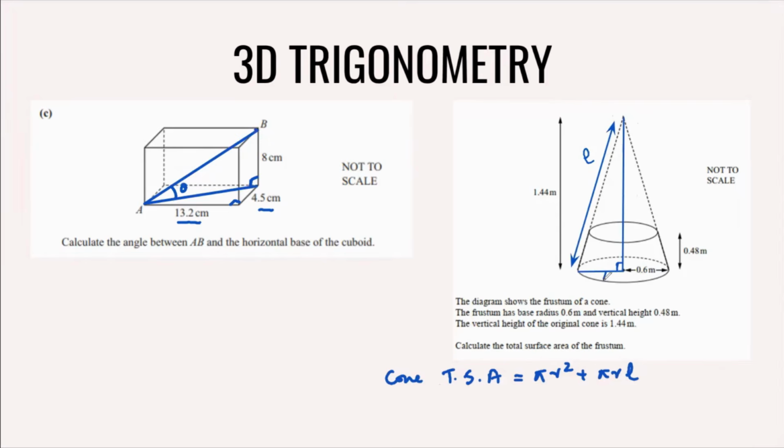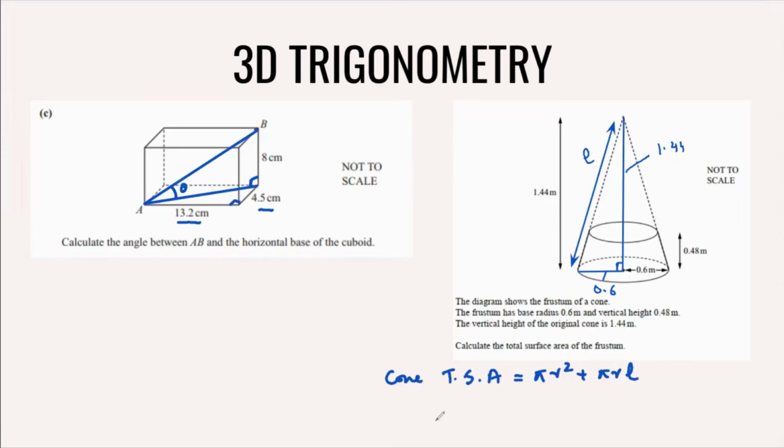The base is 0.6. The height is 1.44. To find L, we will use Pythagoras again. So we can easily find the slant height using Pythagoras in a cone. Once we have that, you can just plug it into the formula in case they're just talking about finding the surface area of a cone.